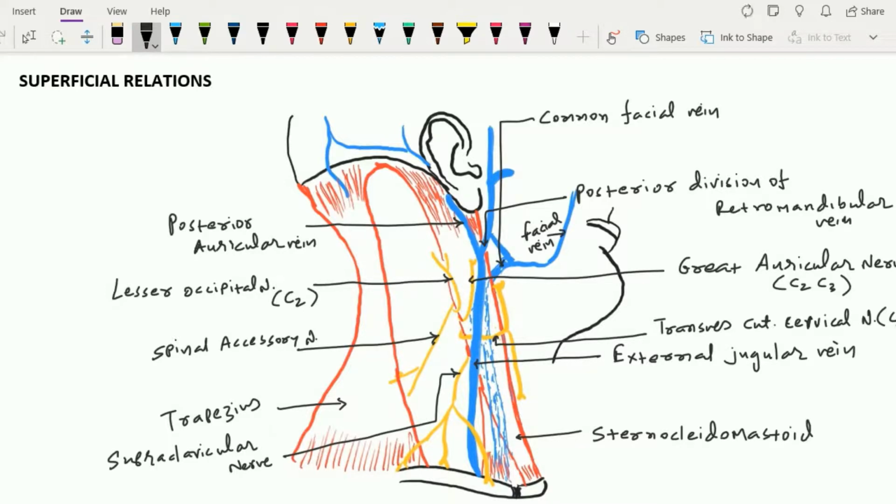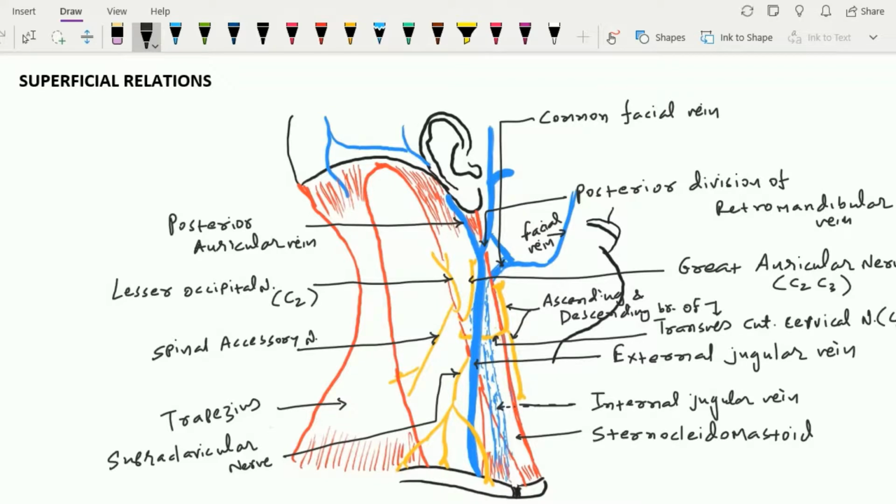And this common facial vein ultimately drains into a deeper structure, the internal jugular vein. Ascending and descending branches of this transverse cervical cutaneous nerve are also present within the anterior border of the sternocleidomastoid muscle.